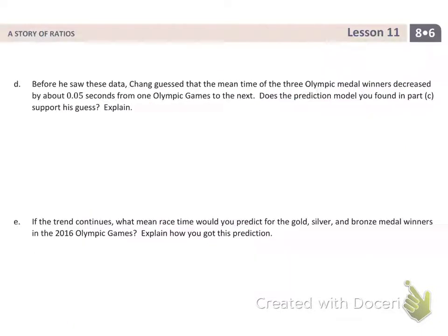So let's look at the next question here. Before he saw these data, Chang guessed that the mean time of the 3 Olympic medal winners decreased by about 0.05 of a second from one Olympic Games to the next. Does the prediction model you found in part C support his guess? Okay, let's write our prediction model up here just for reference.